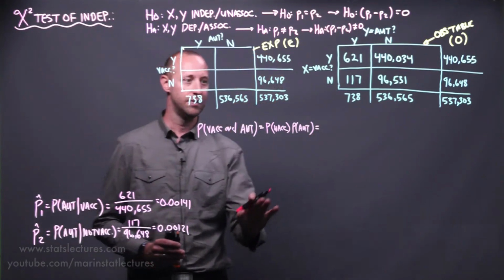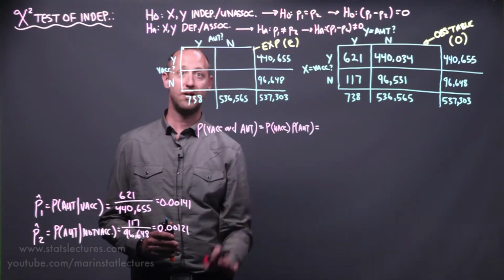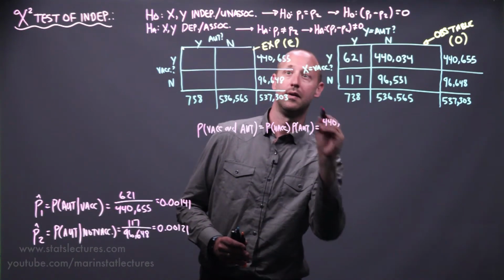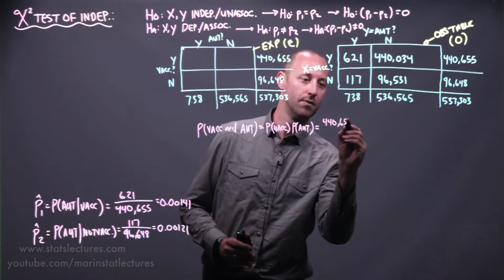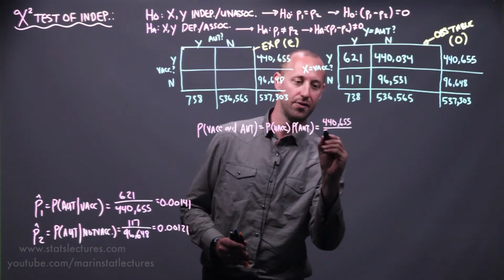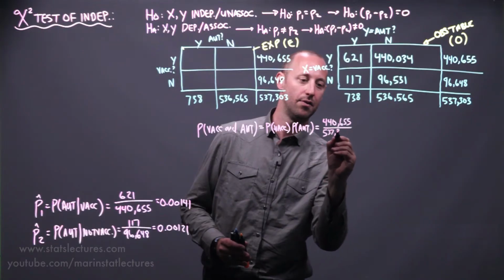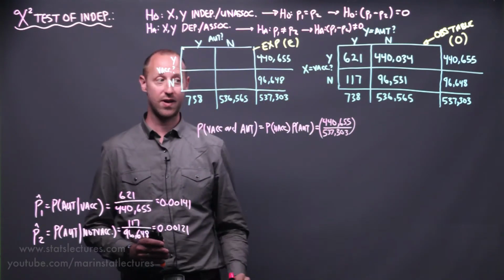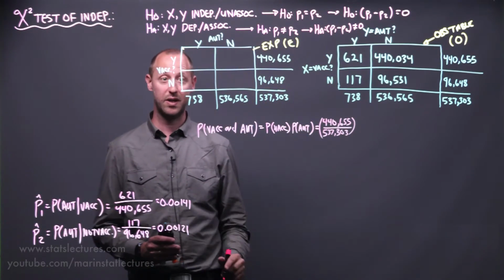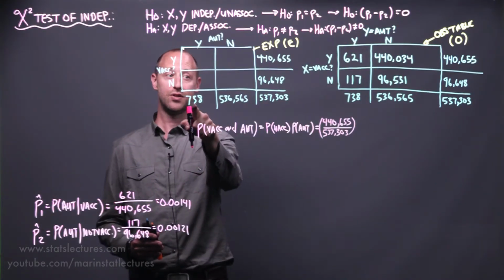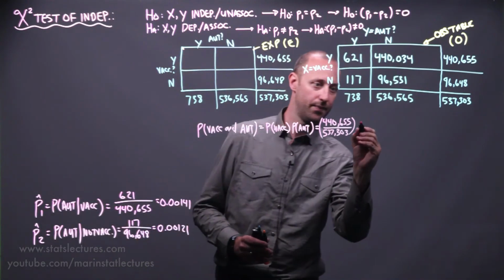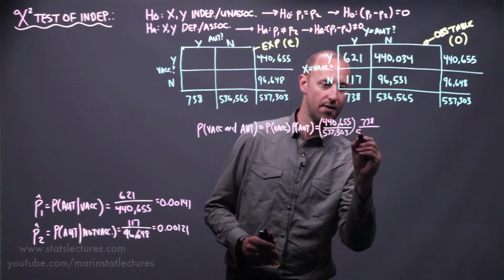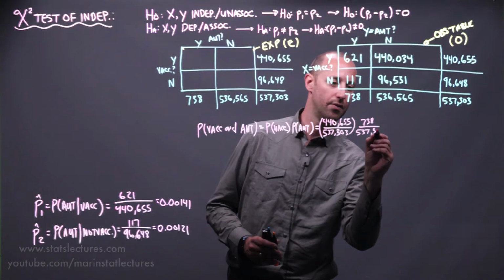Now in our sample, the probability of being vaccinated is 440,655 were vaccinated out of the 537,303. So this is the probability of being vaccinated, and the probability of being diagnosed with autism is 738 out of the total, so 738 out of the 537,303.